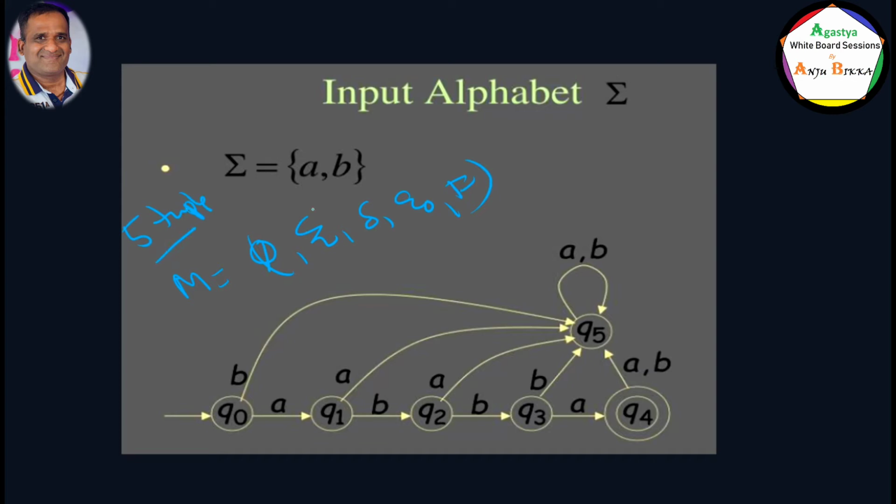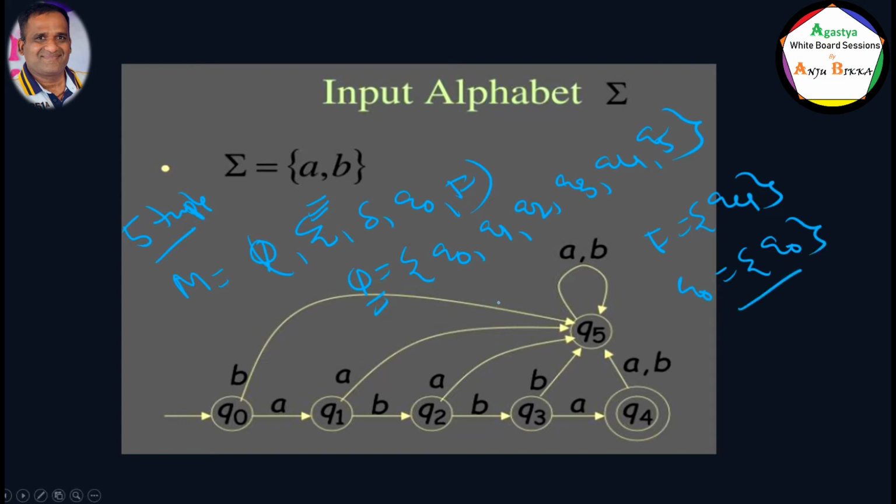In this 5-tuple, Q we can denote as Q0, Q1, Q2, Q3, Q4, and Q5. This is Q. Sigma is A and B. The final state is Q4 and the initial state is Q0.